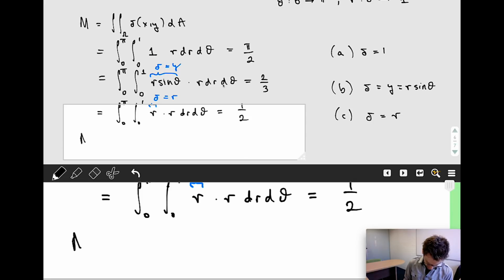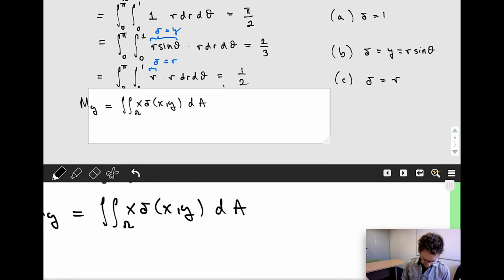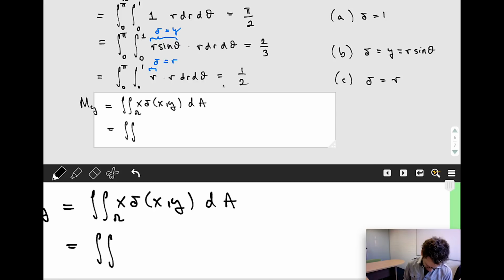Sorry, the first moments. So my, remember that was the double integral over omega delta xy times x times the infinitesimal area. So for the uniform density case, we're going to have 0 to 1, 0 to pi, 0 to 1.